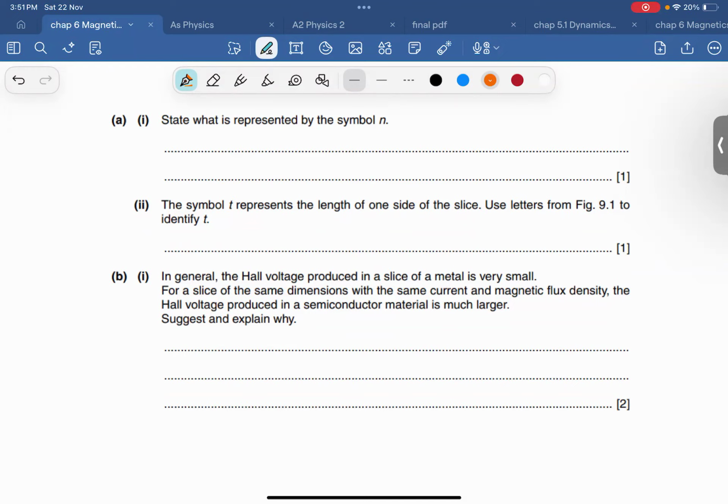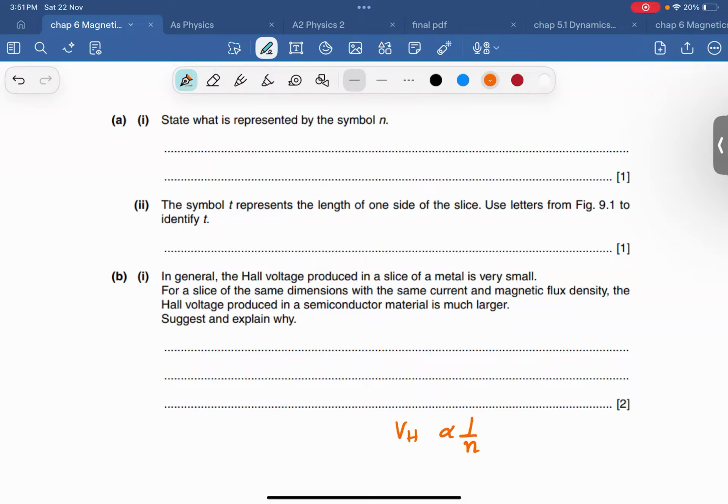For the semiconductor, we first know that Hall voltage is inversely proportional to n, where n is the number density of the charge carriers per unit volume, or the number of electrons per unit volume.